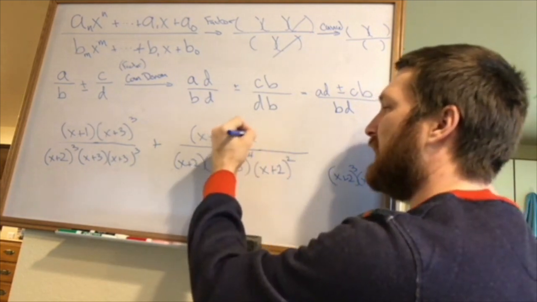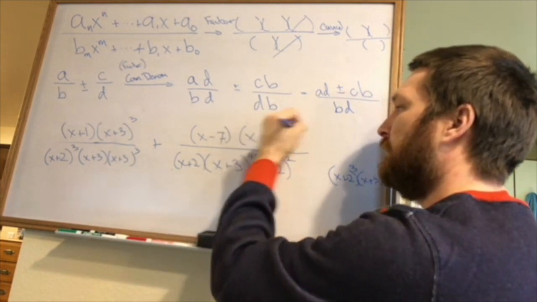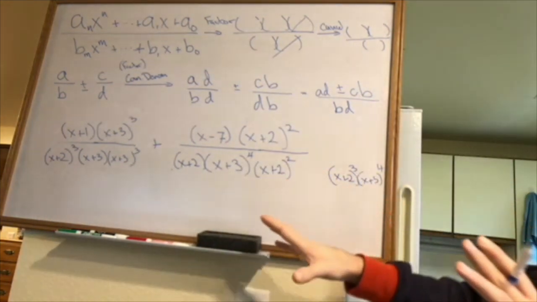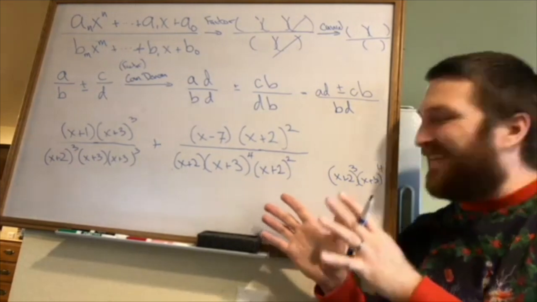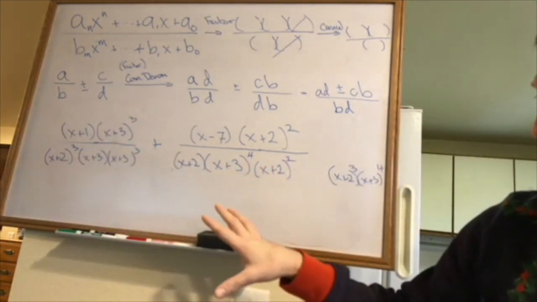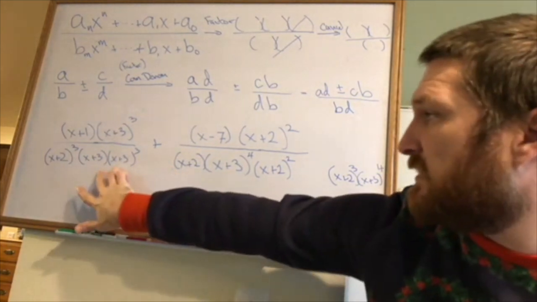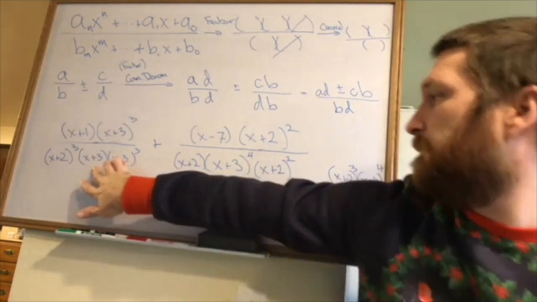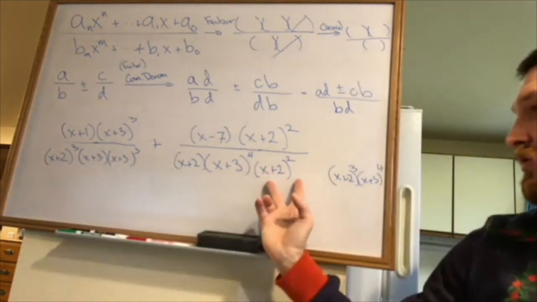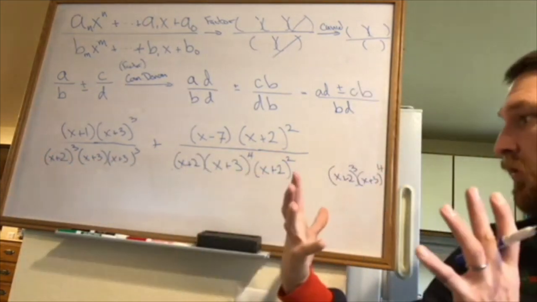So I have to do that in the top and the bottom. Then this is going to be way simpler. It doesn't look very simple at all, but now we have a common denominator, and we can just count it up. We have 4 x plus 3s, 3 x plus 2s, and 2 and 1 make 3 total x plus 2s.